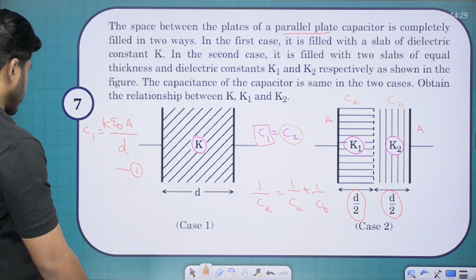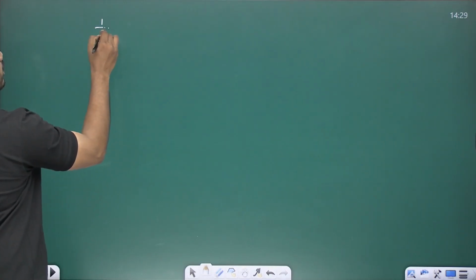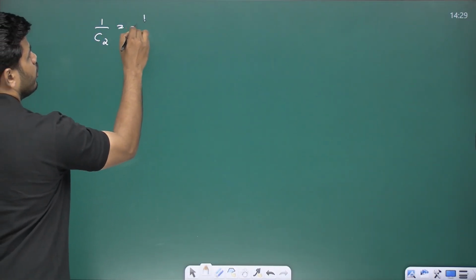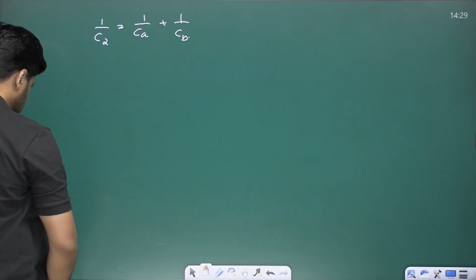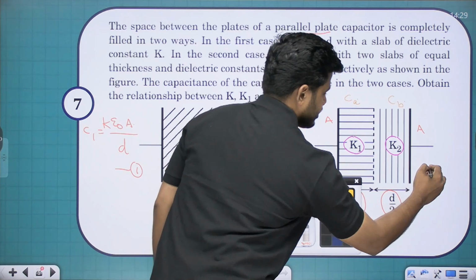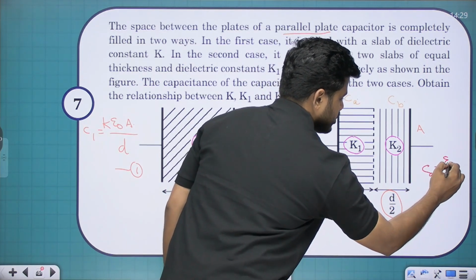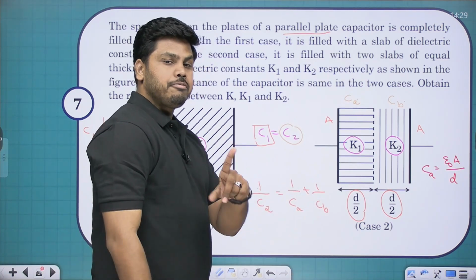Let's proceed. First, C2 is to be calculated. 1 by C2 is equal to 1 by CA plus 1 by CB. Can you quickly tell me what CA and CB are? CA is going to be epsilon 0 A divided by D only. But there is a difference.